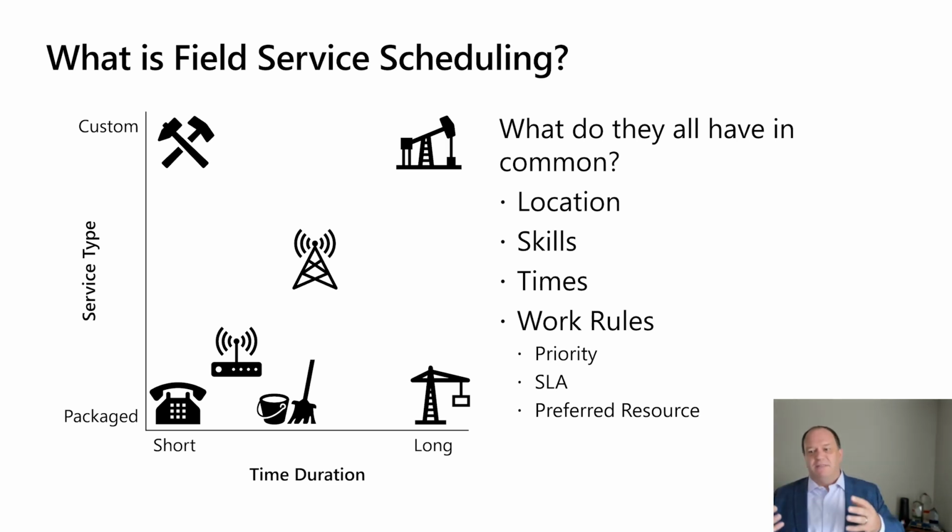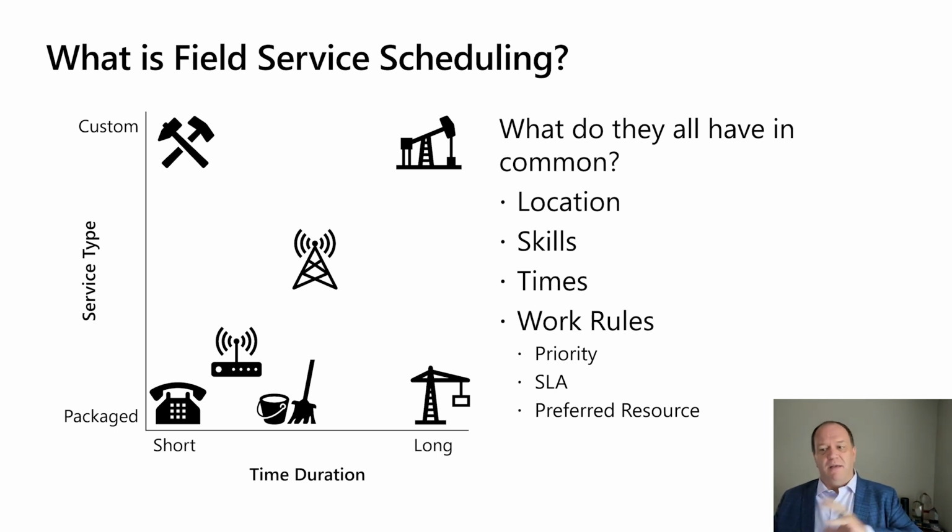So when we think about scheduling, it's not really fair to compare scheduling across these different modalities. You have to really think of these scheduling modalities as different ways of activating scheduling, and thinking about how you actually schedule. Now, what they all generally have in common is location, skills, times, work rules for crews, priorities, service level agreements, which resources you want, et cetera.